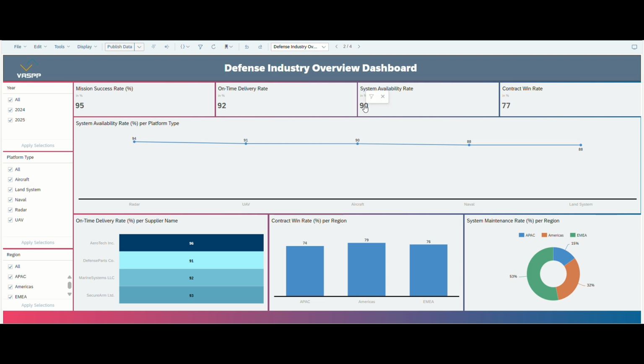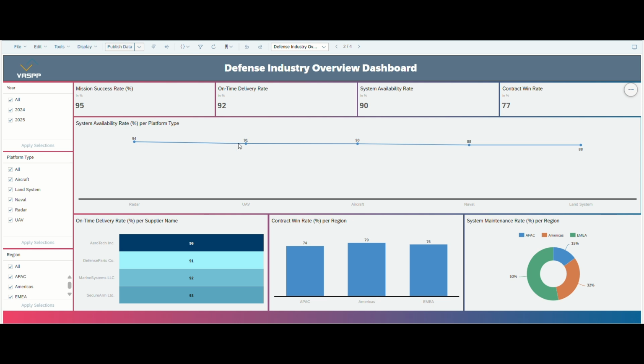Your system availability rate is at 90%, ensuring that critical defense assets remain operational whenever needed, a direct measure of combat readiness. On the commercial side, your contract win rate is at 77%, reflecting a strong competitive edge in defense bidding and signaling customer confidence, technical superiority, and effective value delivery.